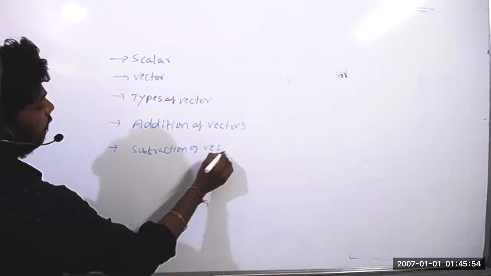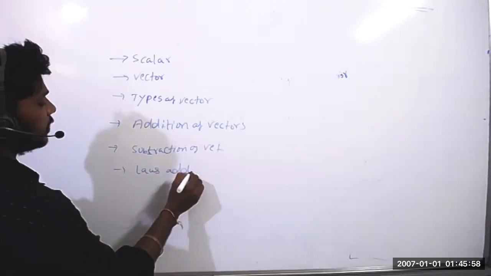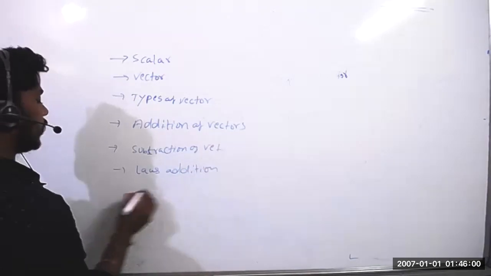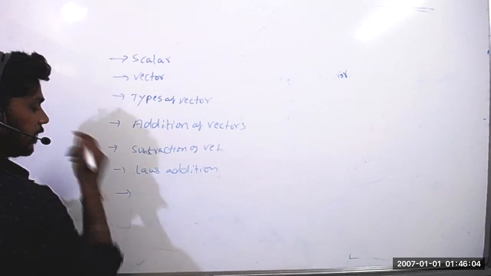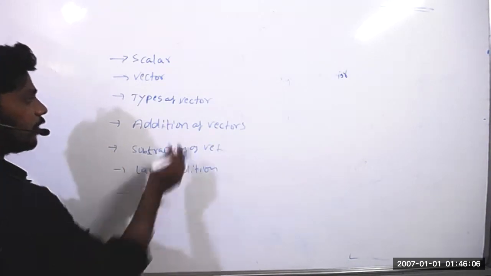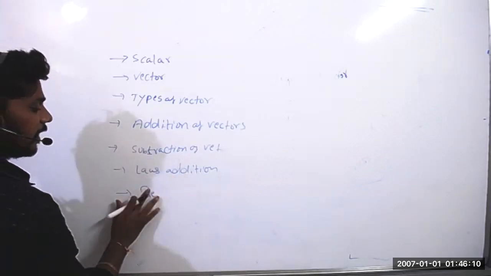Next, laws of addition. What are the laws of addition? Commutative, associative, and distributive. Next, resolution. Very good. What about the angle between the vectors? We learned that, right? Yes, sir, angle between vectors.